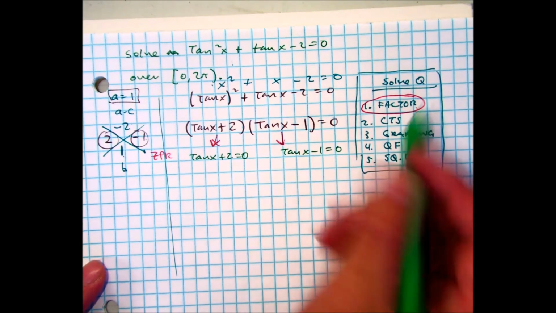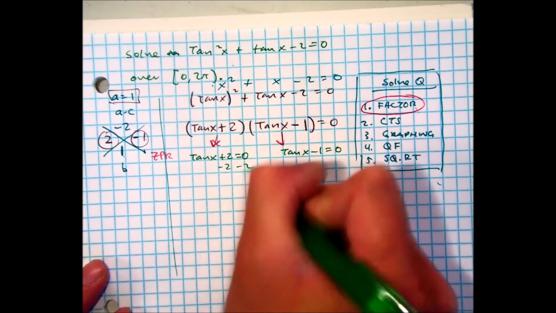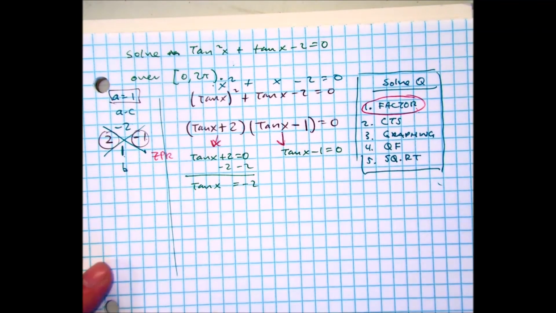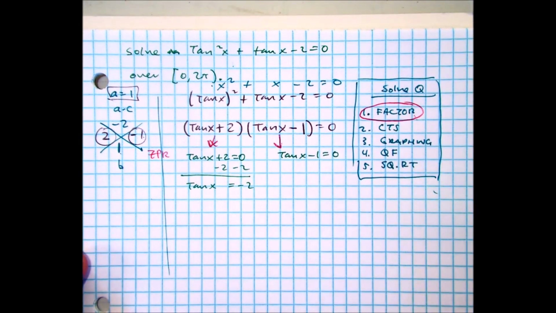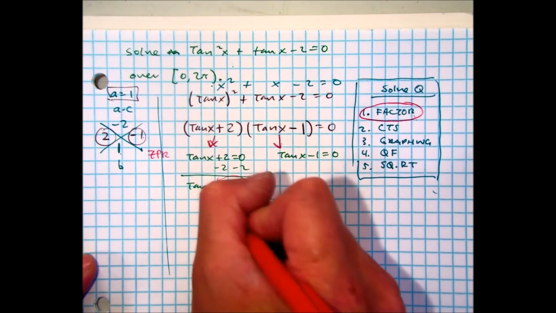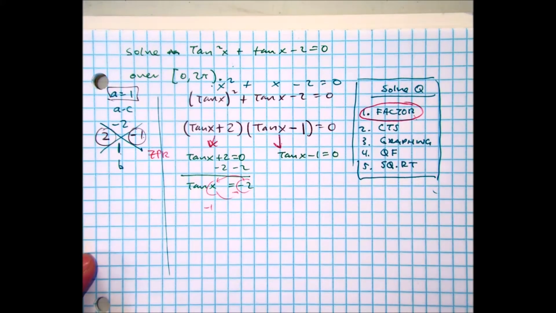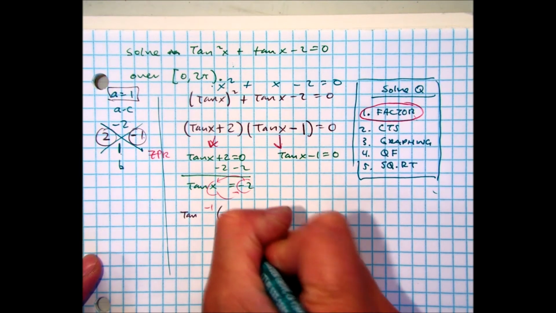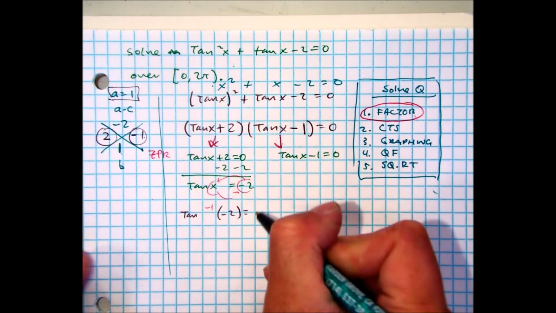I'm just going to go ahead and solve each of these. Subtract 2. I'm trying to solve for x, which means I'm going to have to take the inverse. So here I have tangent inverse of negative 2 equals x.